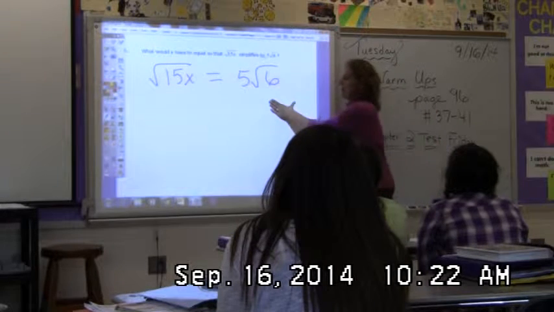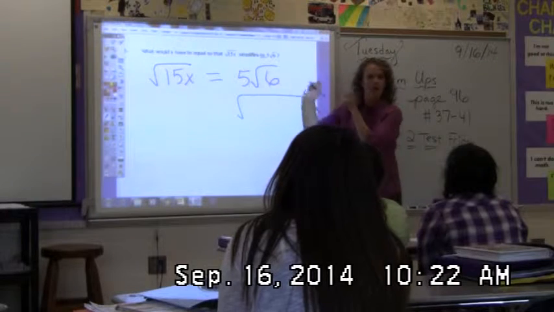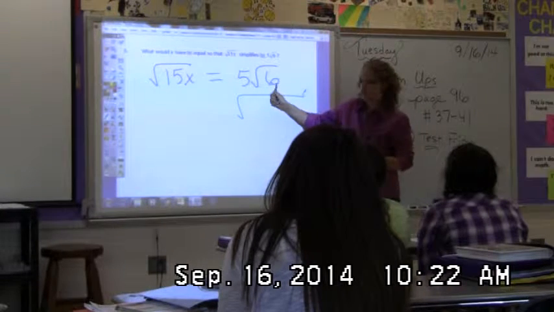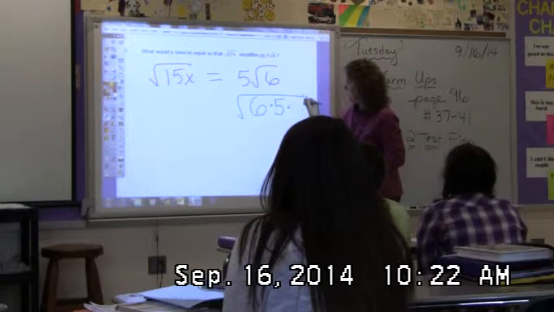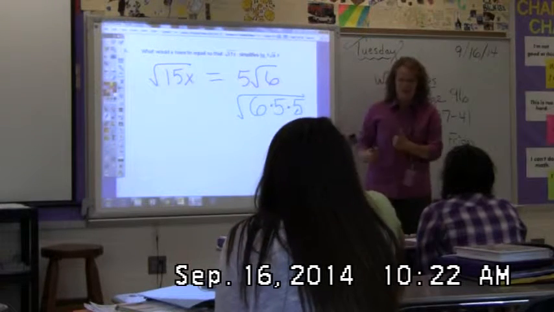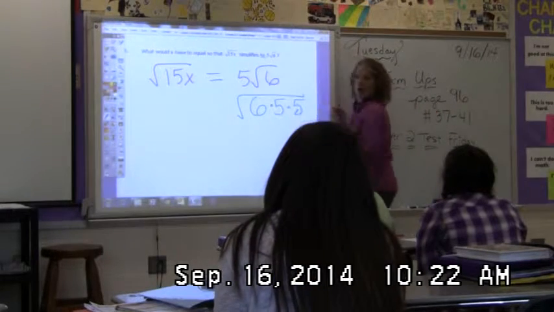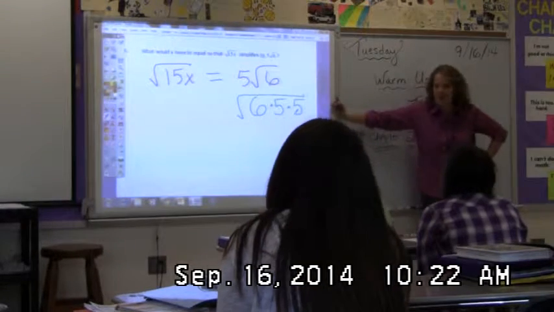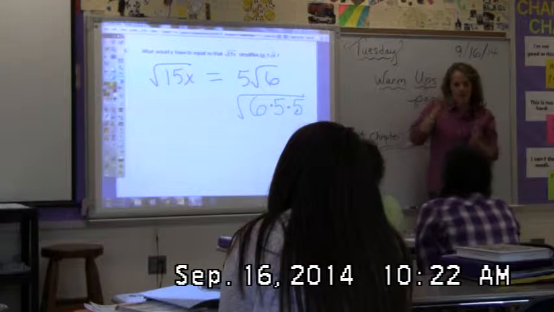Because if there's a pair of 5s under the square root, you get to send a 5 out front. So this 6 had to have a 5 times 5 with it underneath that square root so that the 5 would get to go out front. Do you agree with that? So I'm thinking backwards now.